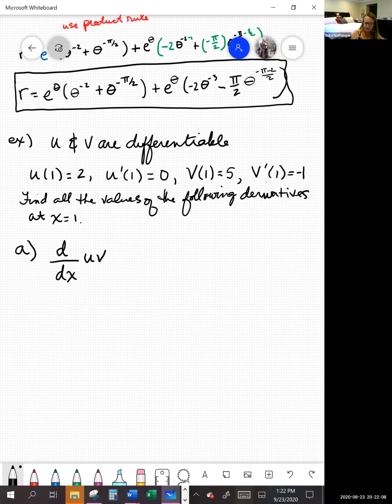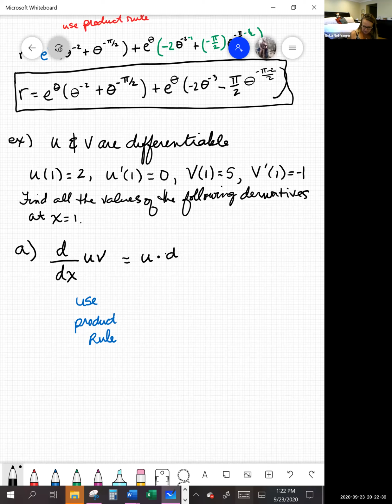So notice that we have to use the product rule. So we're going to take the derivative of the first times the second. I'm going to write it like this.